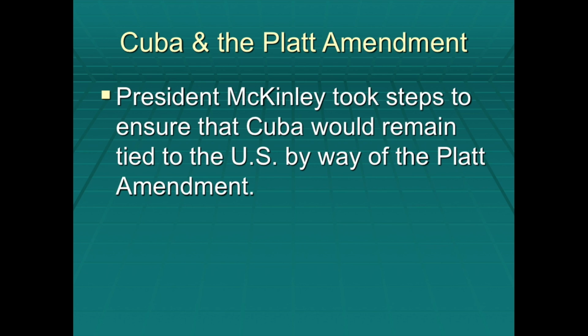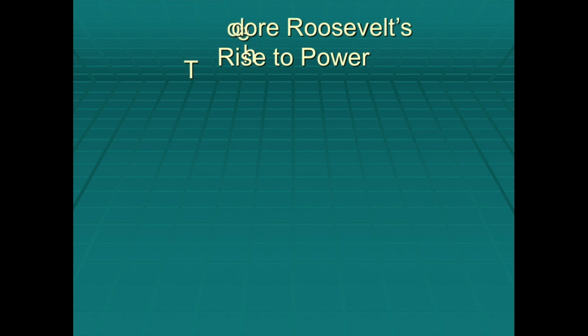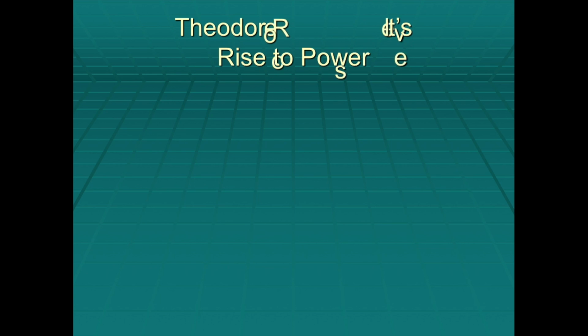Cuba and the Platt Amendment. President McKinley took steps to ensure that Cuba would remain tied to the U.S. by way of the Platt Amendment. New American diplomacy. Theodore Roosevelt's rise to power.